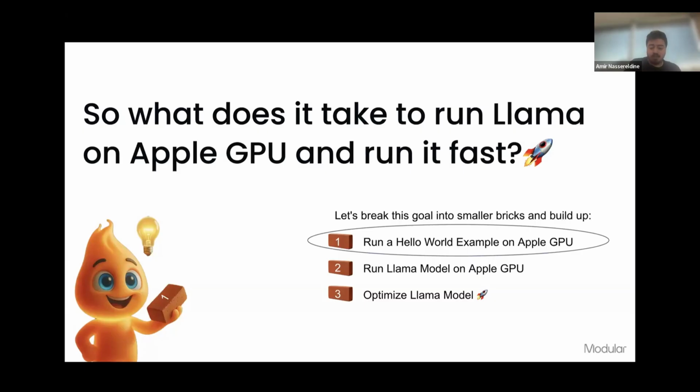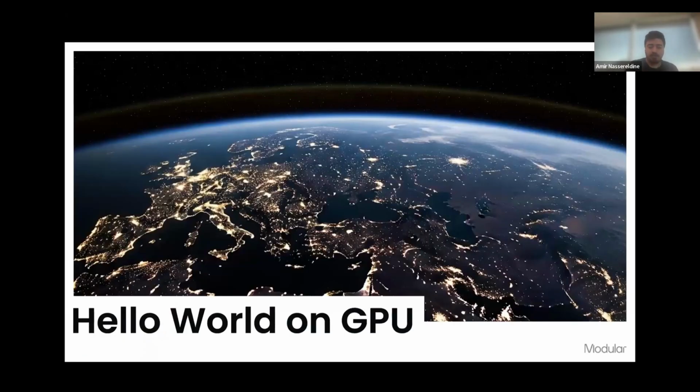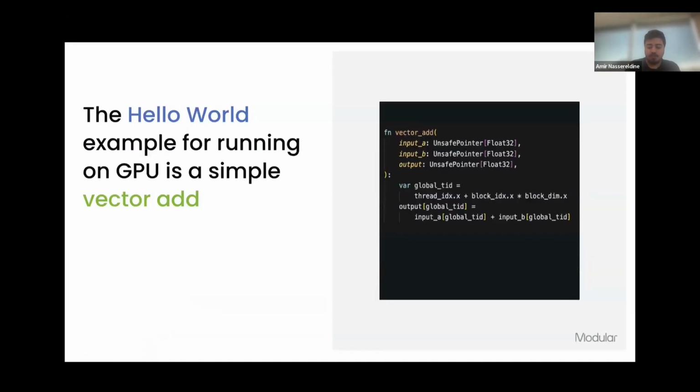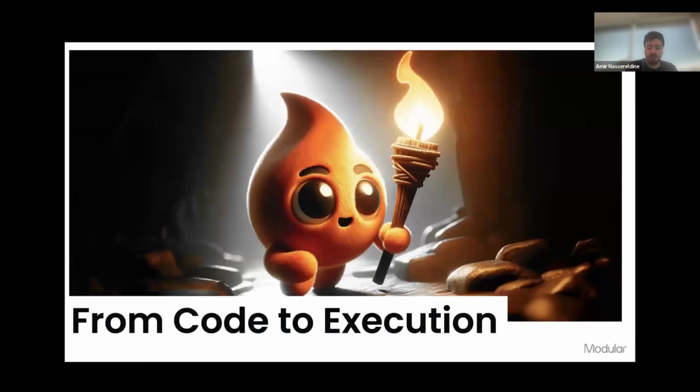So what's a hello world example on GPU? A hello world example is simply a vector add. You take two vectors, you add them, and you put the result in a third vector. It's pretty simple, but this is the hello world for GPU programming.